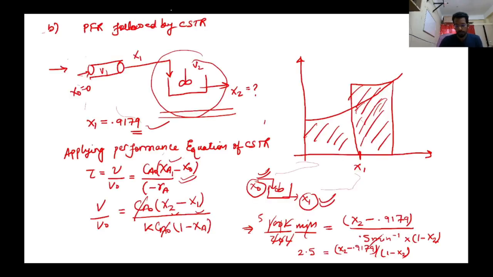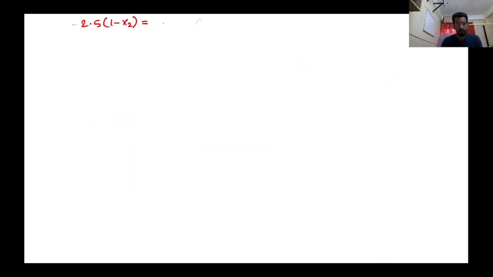So 2.5 times (1 minus X2) is equal to X2 minus 0.9179. So 2.5 minus 2.5 X2 is equal to X2 minus 0.9179. 2.5 plus 0.9179 is equal to 3.5 X2.